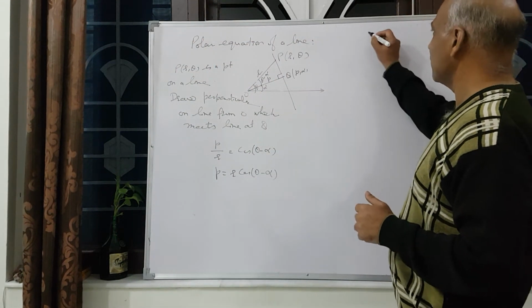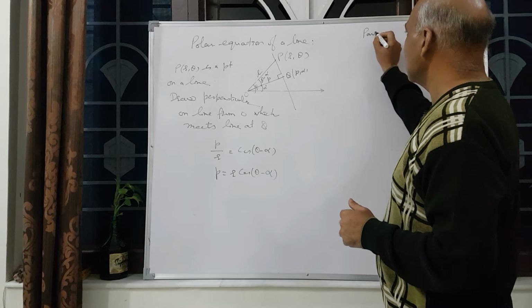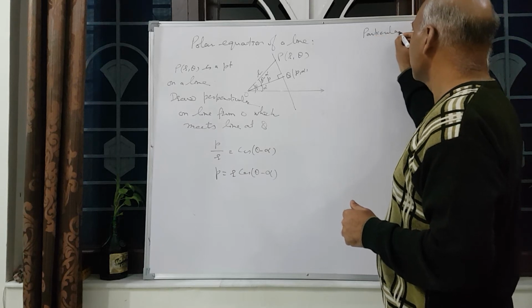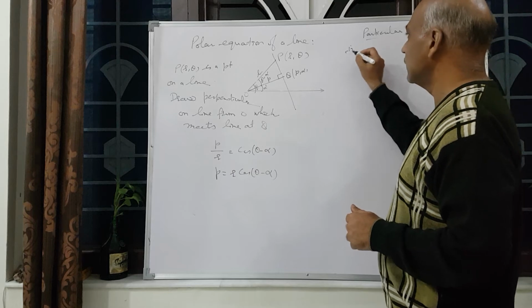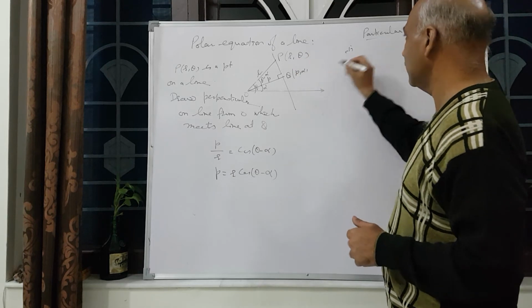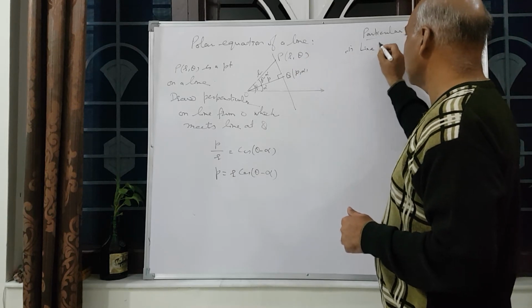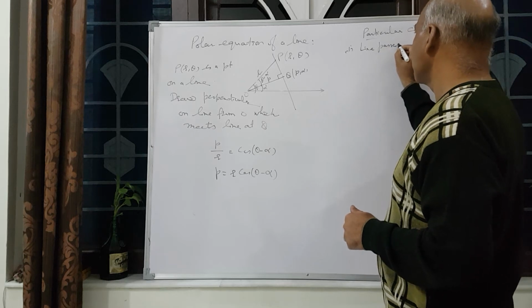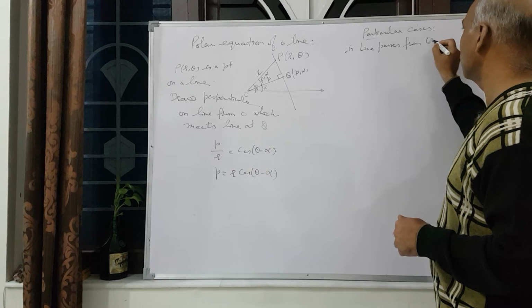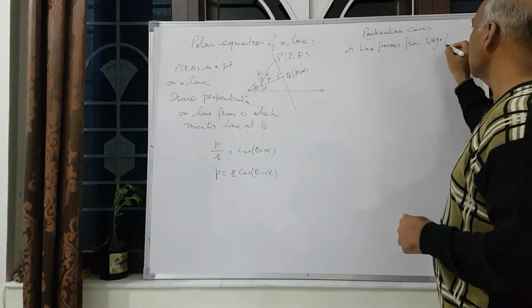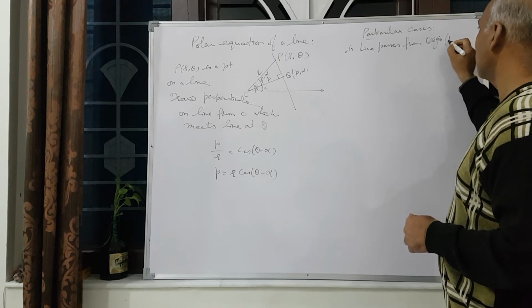Now it has particular cases. Suppose first the line passes through the origin, or O. Okay, origin or pole.